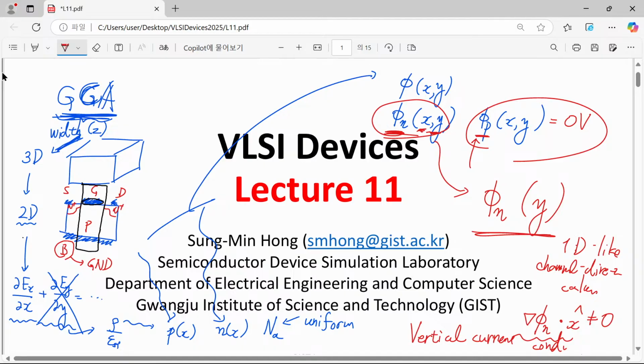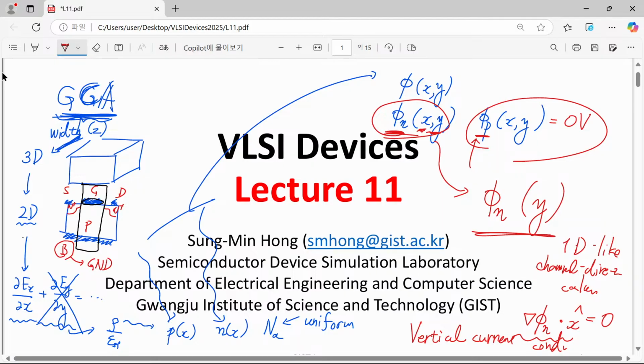So that's the reason why we have to say this is equal to 0, which means that phi n is not a function of our x position.